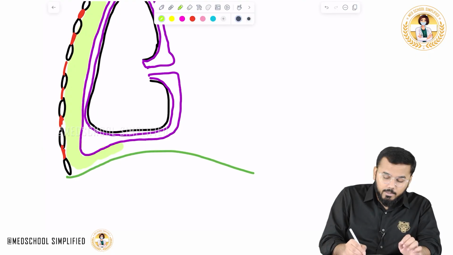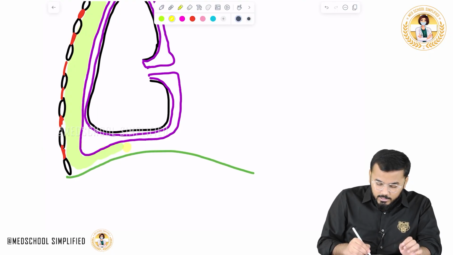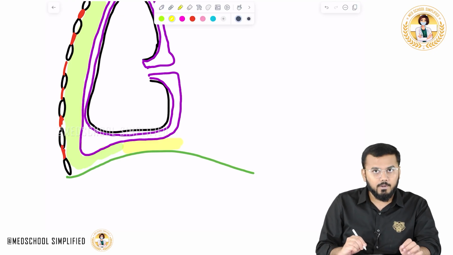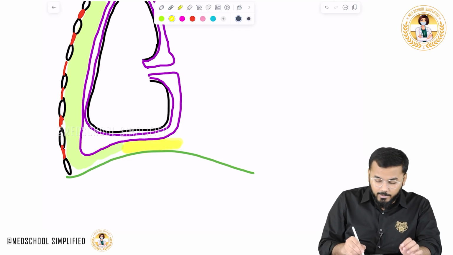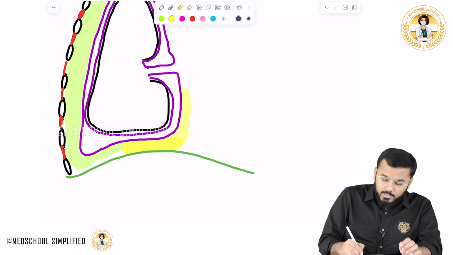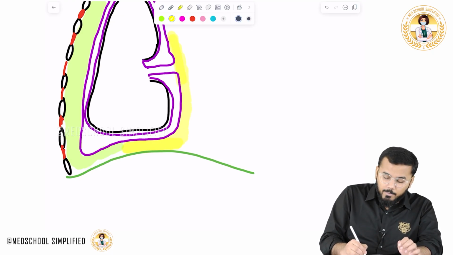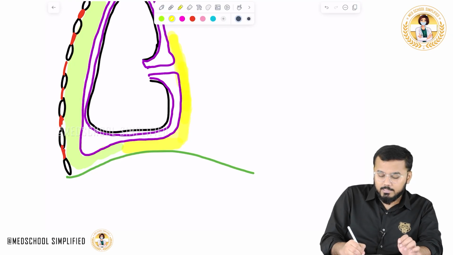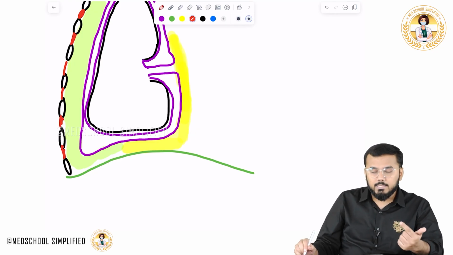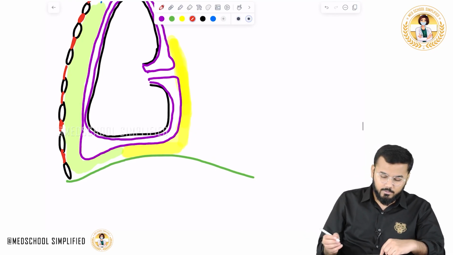Then what about the remaining part? Remaining part in the sense, all the way from the central part of the diaphragm. So previously the peripheral part, now I am telling you the central part of the diaphragm, right? And if you go up here, the central part as well as the mediastinal part, this yellow color shaded area, this part of the parietal pleura is innervated by phrenic nerve.